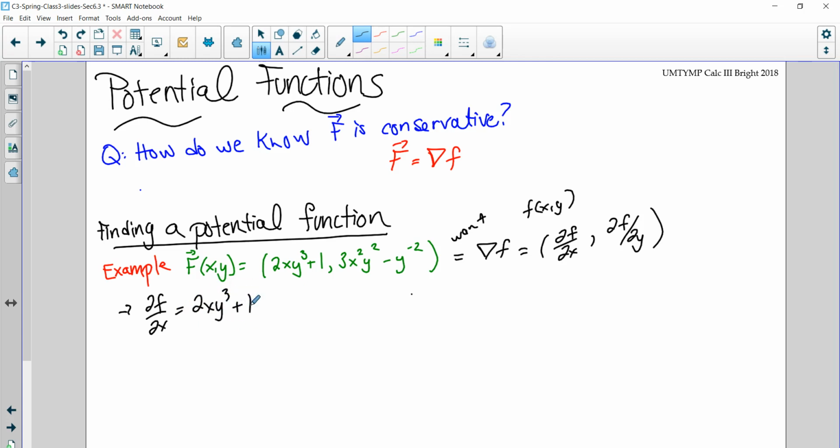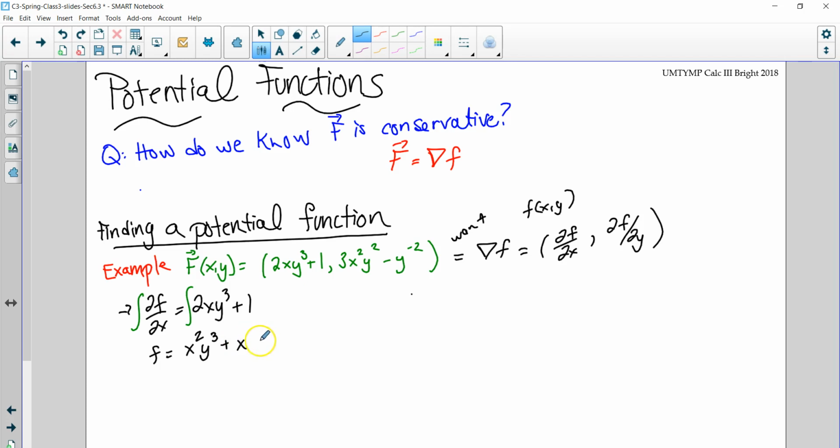This just means the partial derivative with respect to x, so integrating both sides with respect to x, I get f equal to x squared y cubed plus x.